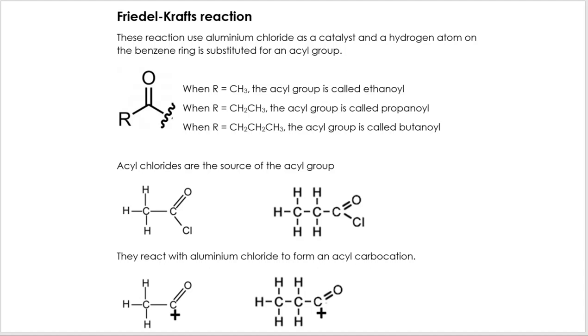So we can see here that actually I could take, for example, ethanoyl chloride here, and I can react it with AlCl3 to make this positive ion. If I do the same with propanoyl chloride, I end up losing the Cl and I make this acyl carbocations. And this is acylation of benzene.